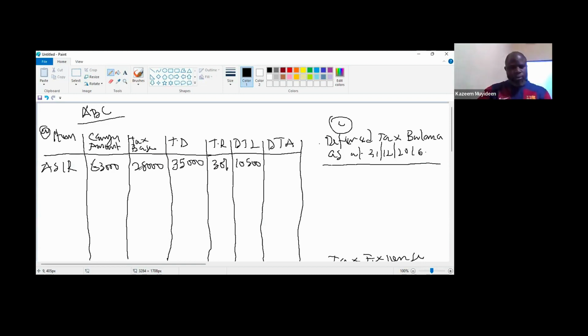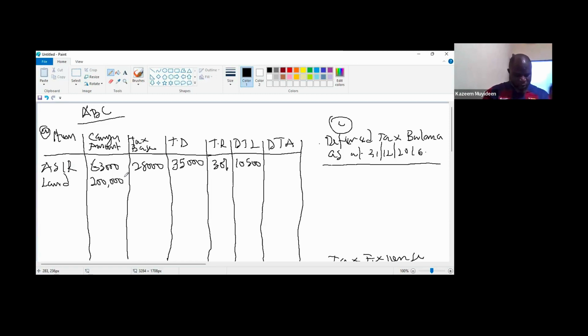Land. They have given me the carrying amount to be 200,000. Now let's go to the tax base. Additional information 2: the land was revalued during the year, following the principles of IAS 16. Who uses IAS 16? Accountants.